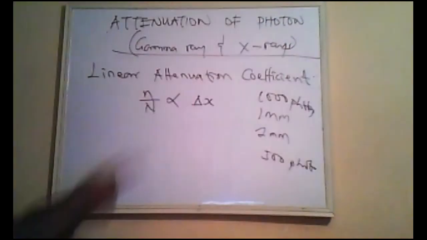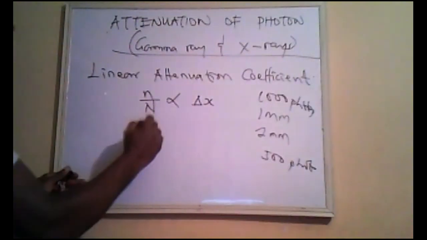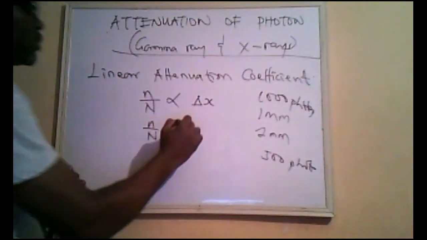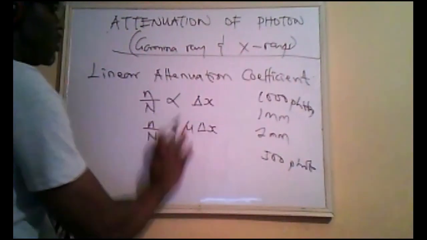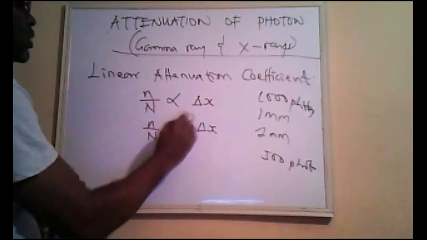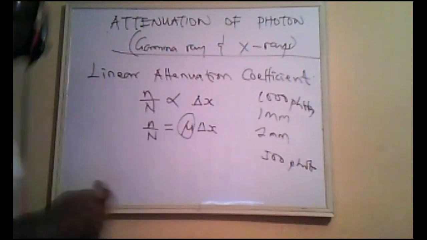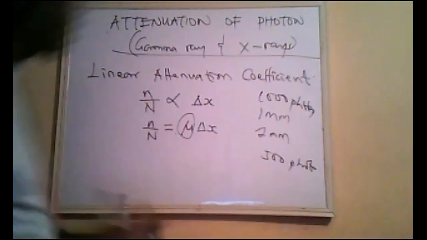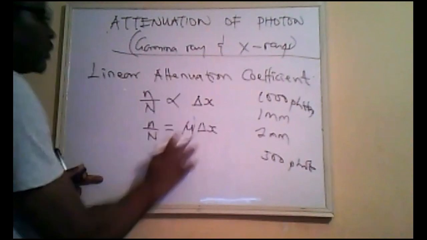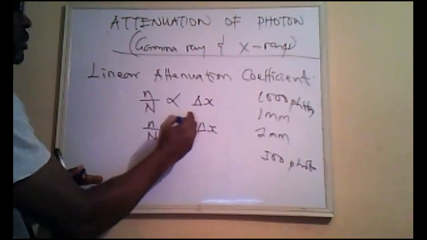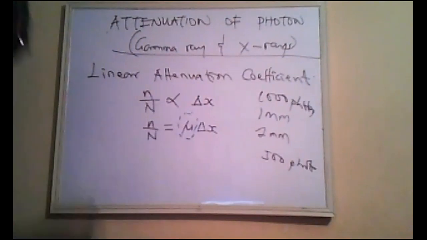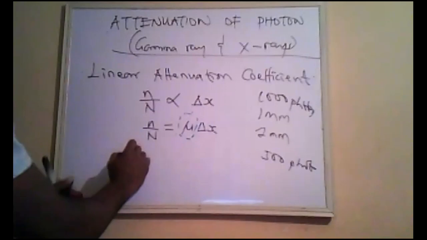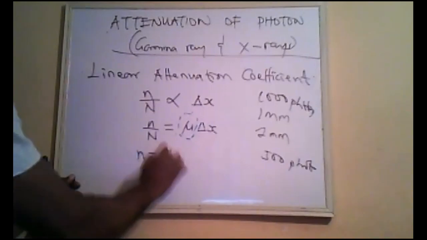So if we introduce a constant of proportionality, n over n is proportional to it. This constant of proportionality is what we know as the linear attenuation coefficient, mu. You can have this written as n.